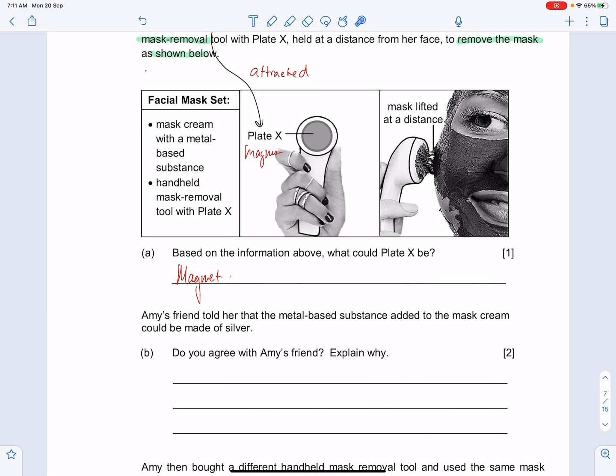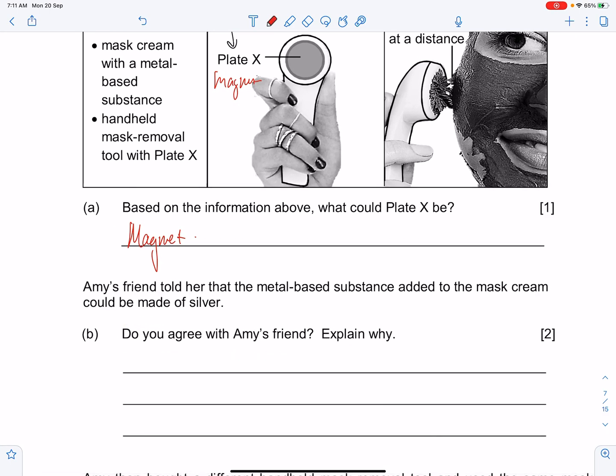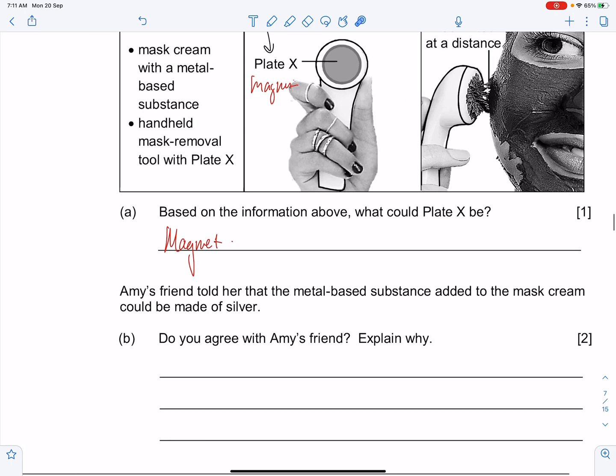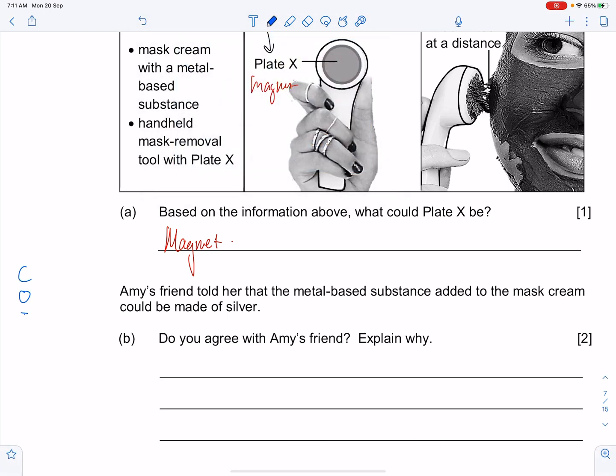Now, Amy's friend told her that the metal-based substance added to the mask screen could be made of silver. Do you agree? We know that the first part is a magnet, and a magnet can only attract certain types of metals, and that's where you recall your knowledge on the magnetic materials.